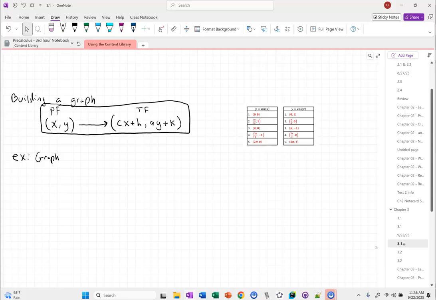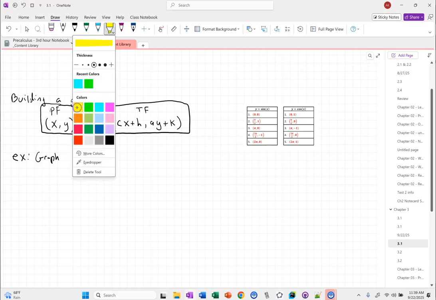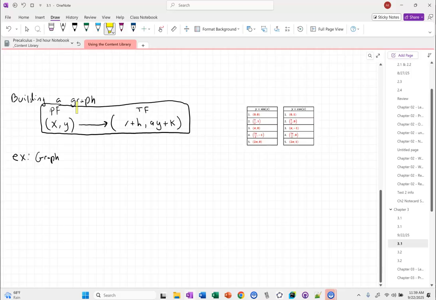So the idea here is we're going to take the A, C, H, and K from our equation, and then use it to build a map from the values in our parent function to the points in our transform function.